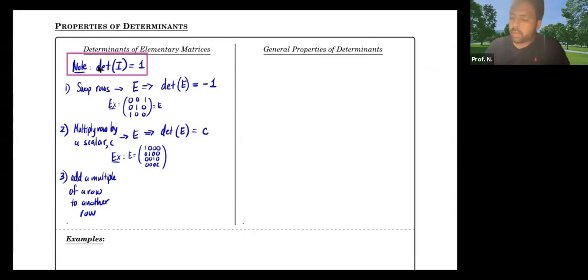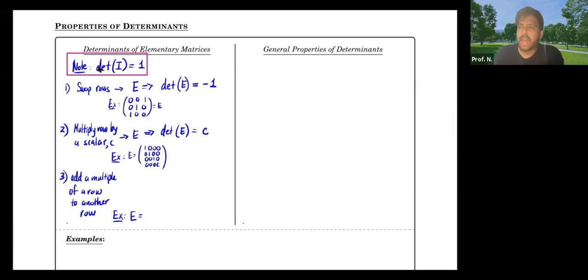Now the interesting one though, is when you have a multiple of a row added to another row. Do you remember what those matrices look like?